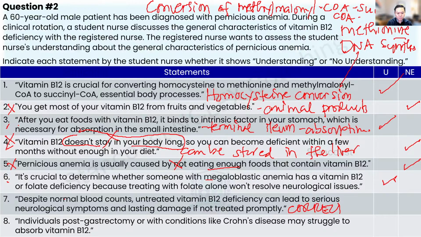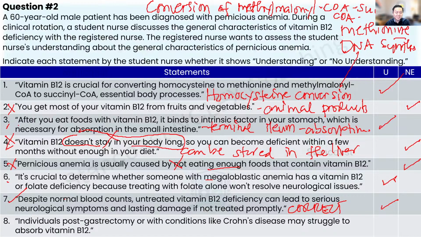So this is going to be understanding. Okay. So basically, this item number 7 emphasizes that neurological symptoms will precede the anemia in vitamin B12 deficiency.